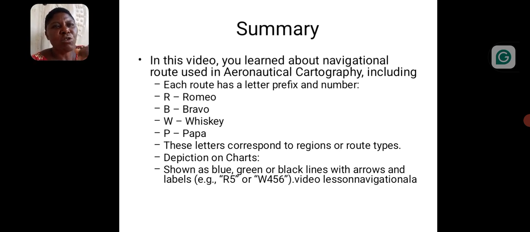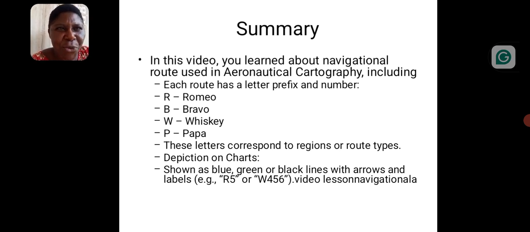All right, so for aeronautical charts, some of the charts make use of blue, some black, some green. Okay, so that is that about different types of routes in the air.